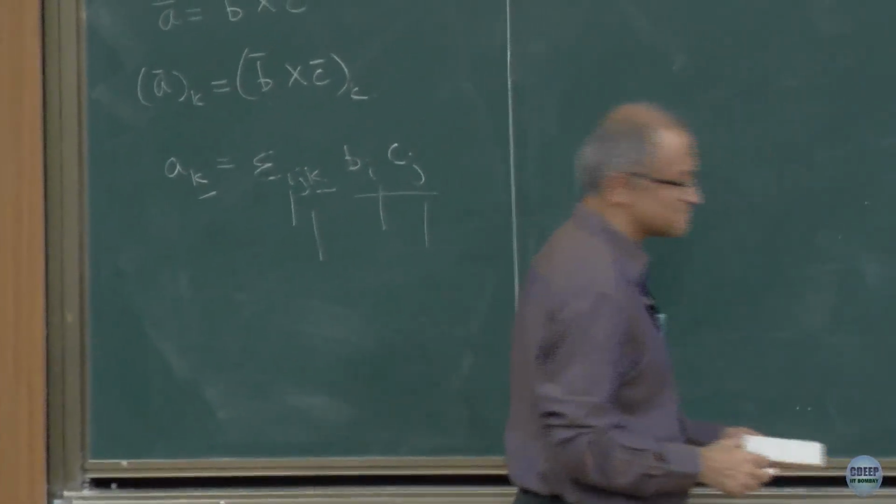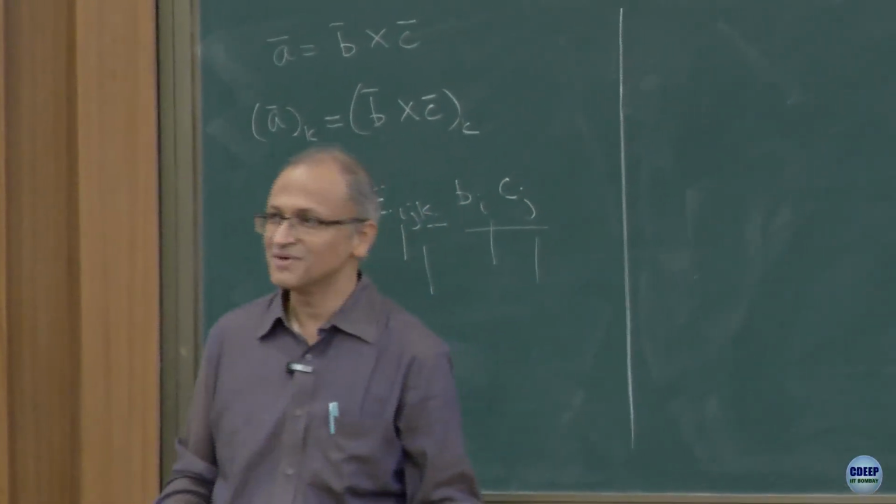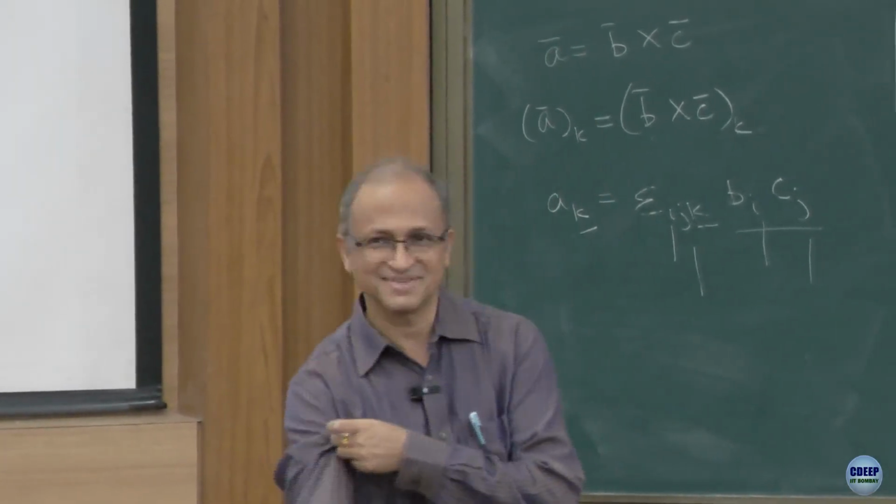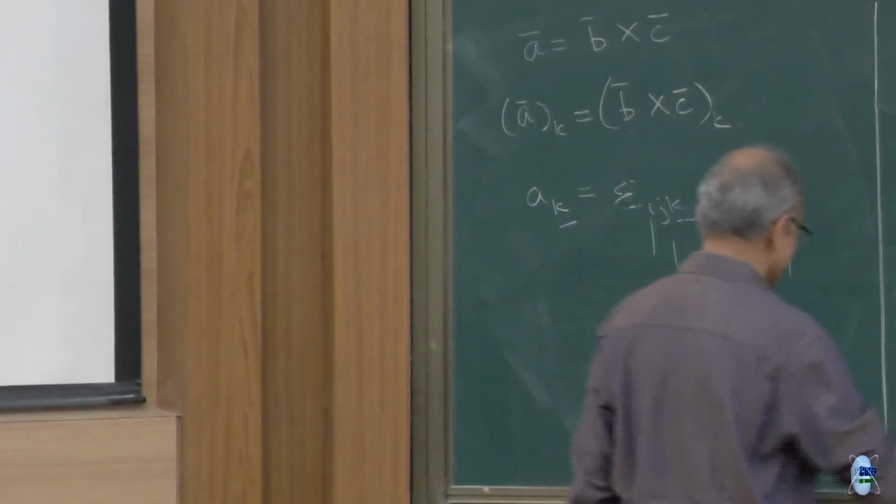So I'm not showing the summation sign explicitly, and I'm not showing explicitly that the summation is going from 1 to 3. I've omitted that, and this omission is what is called Einstein summation convention. Yeah, but as somebody remarked, Einstein had better things to do to claim fame for than just removing this summation sign. So that's why it was not introduced earlier. Okay.